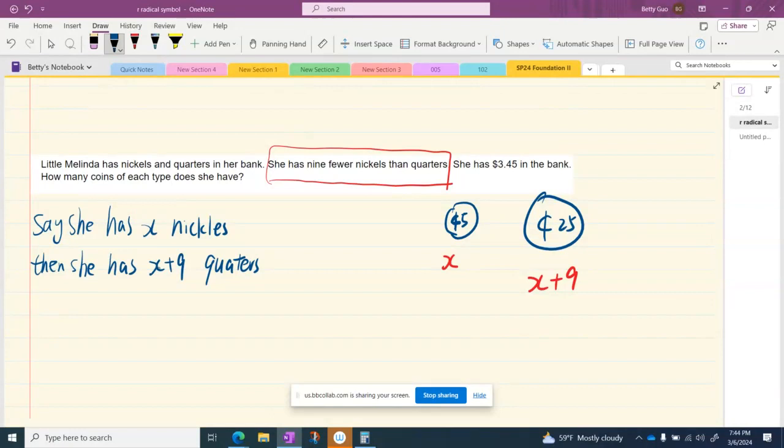Doesn't matter, as long as you keep the consistency. Once you assign the meaning for x, you're going to stick with it. All right, so now we are going to set up the equation. So if she has x nickels, so x times 5 cents, so 5 times x, that's how many cents?